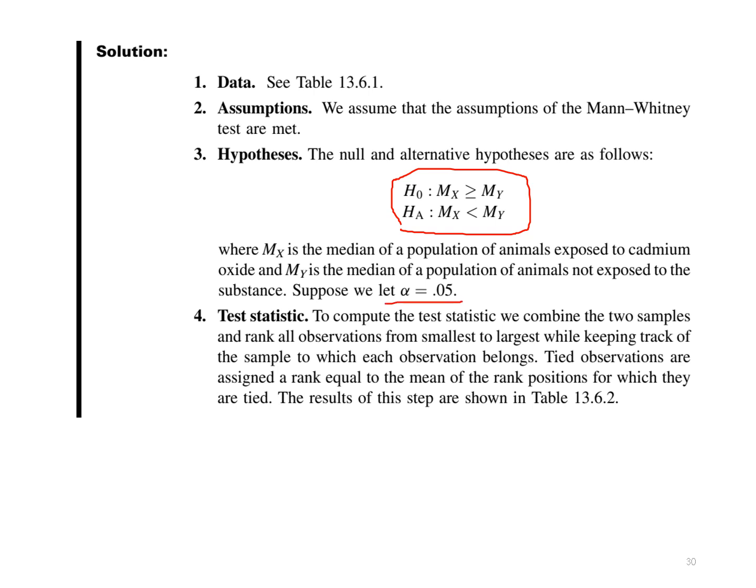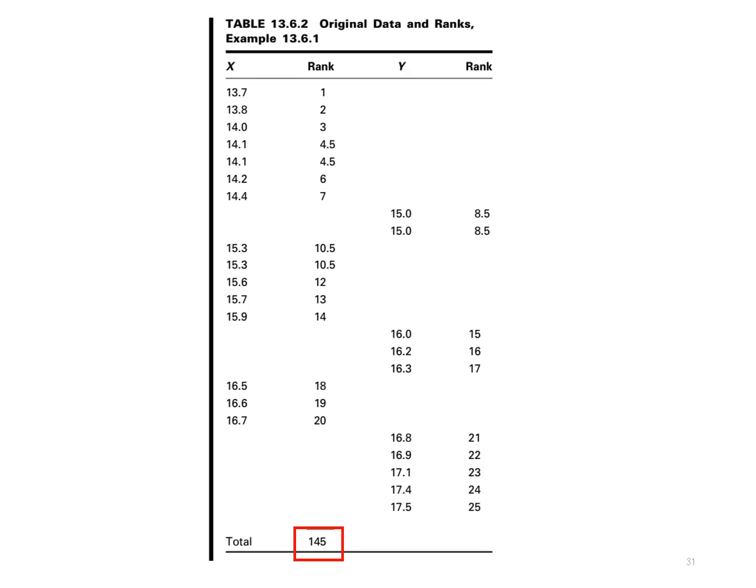The test statistic, we'll talk about in the next slide. We have 15 cases here. All the values are ordered from the smallest to the largest, and put here when they belong to the X group and here when they belong to the Y group.